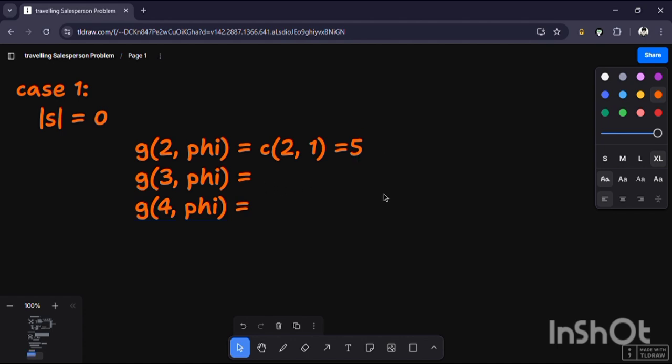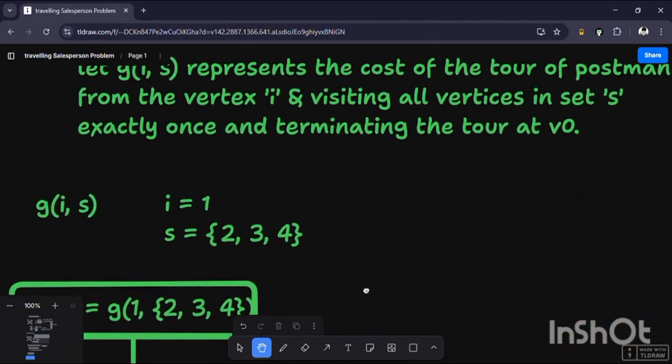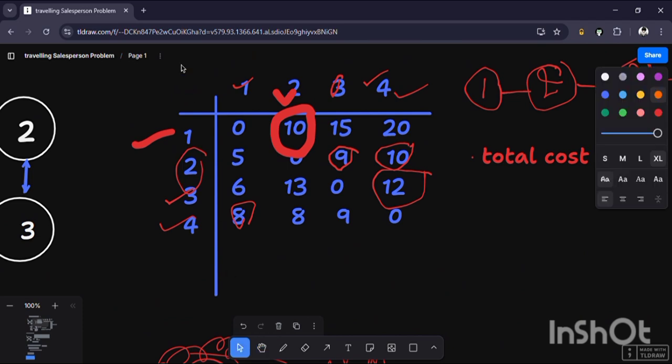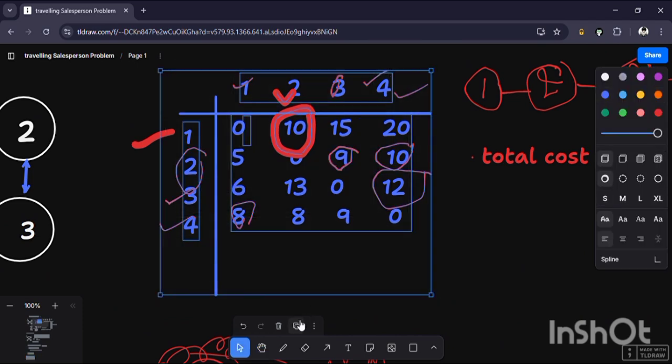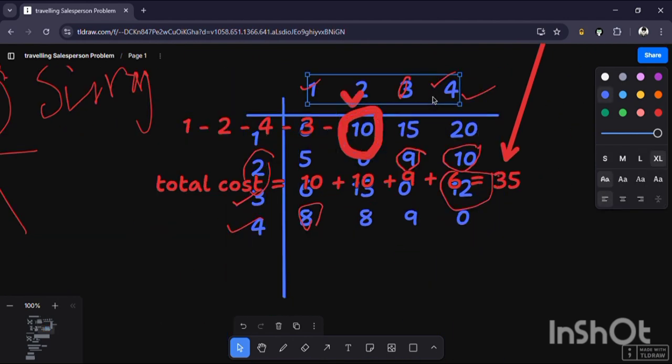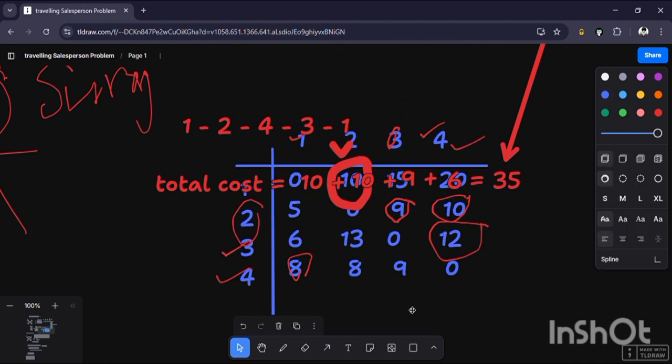Now G of 3 comma phi. What is G of 3 comma phi? C of 3 comma 1, right? And what is G of 4 comma phi? G of 4 comma phi is C of 4 comma 1. Now what is the value of cost of 3 to 1 and what is the value of cost of 4 to 1? Okay, just the addition matrix. Let me copy this first.